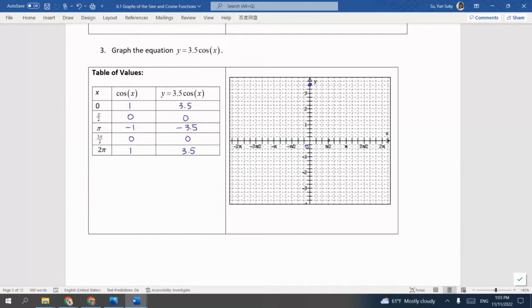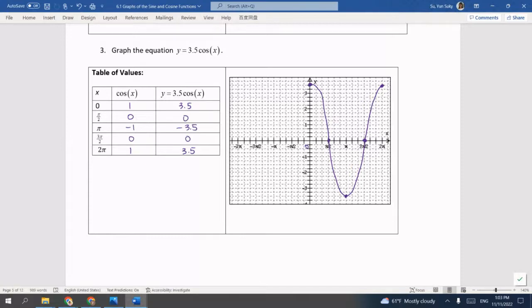At pi over 2, we get 0. At pi, negative 3.5. Okay. And then at 3 pi over 2, 0. And at 2 pi, sorry, at 2 pi it is 3.5. 3.5 is right there. And then we connect them smoothly. And we get that.